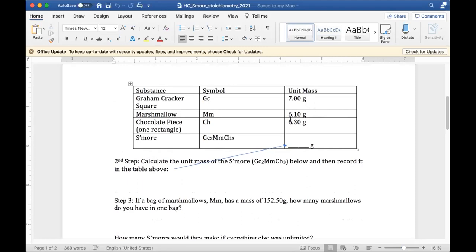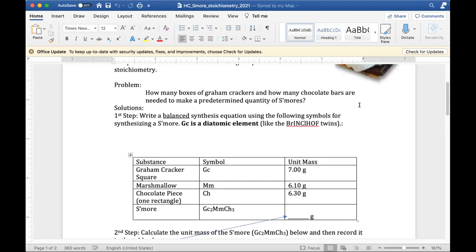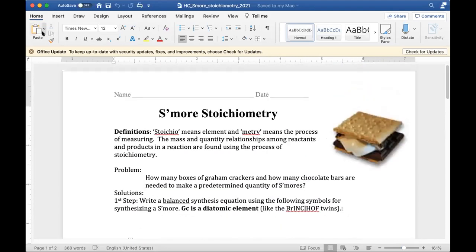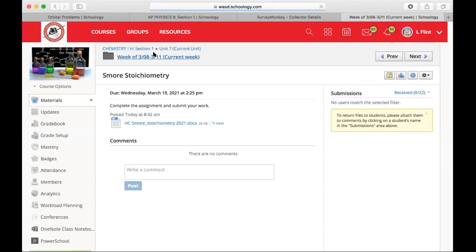It just turns out that the masses of the graham cracker, marshmallow, and chocolate are very similar to each other. With chemical compounds, they are usually significantly different, because we go up in numbers of protons and neutrons on the periodic table. So anyway, that's the thing that I was trying to show you, but didn't have it in there. So now it's in there. I thought that I put it in there, but didn't.